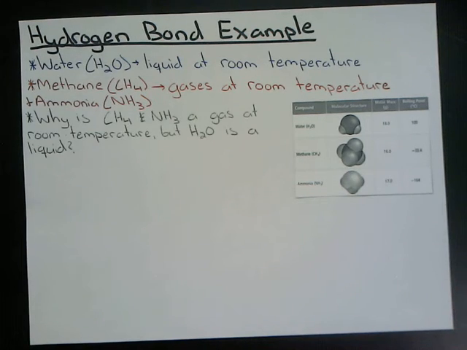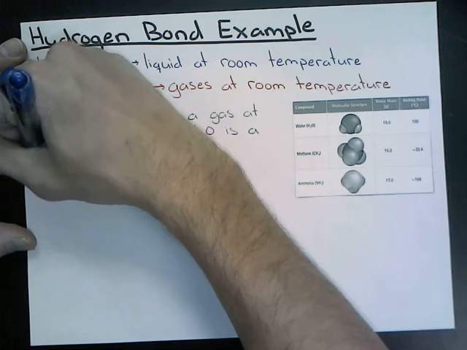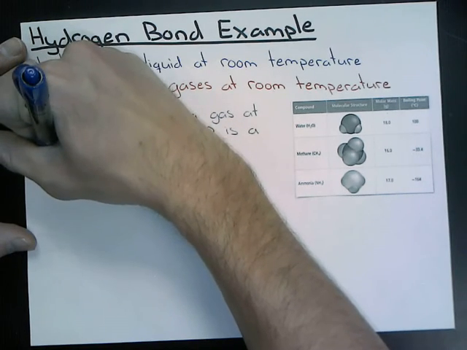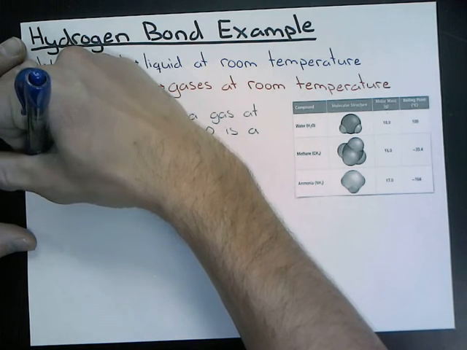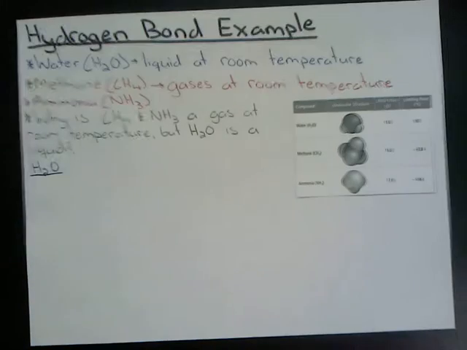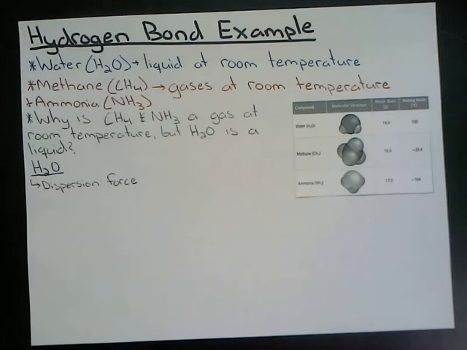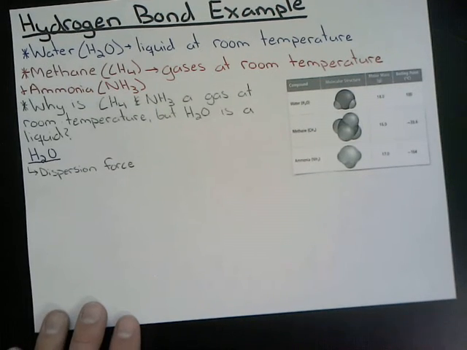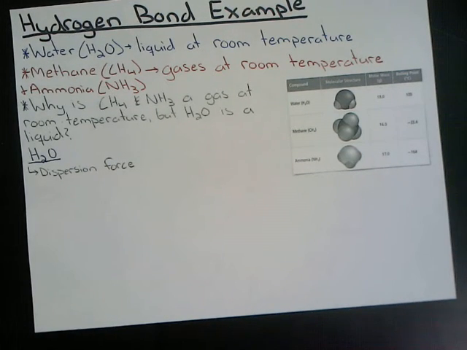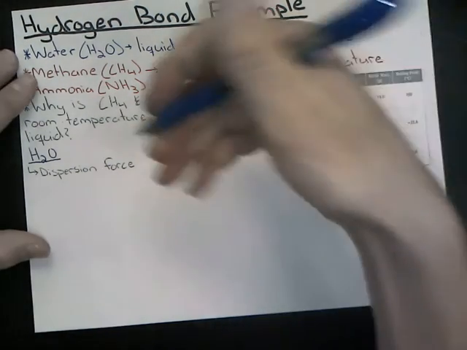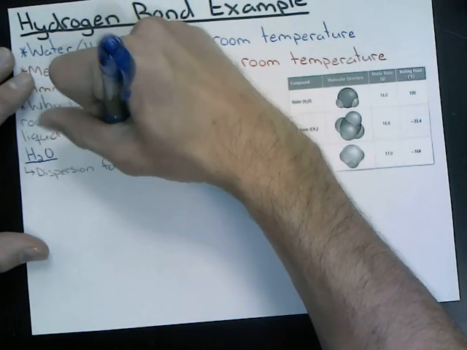Well, let's first start with H2O. Let's first start with our water. Well, we want to list out the types of forces involved in H2O. So the intermolecular forces that we just learned about, we said everybody has a dispersion force. So H2O is going to have a dispersion force. It's also going to have a dipole-dipole force, and that is because H2O is a polar molecule here.